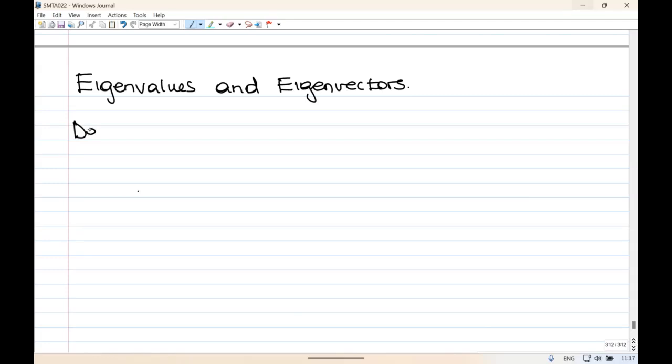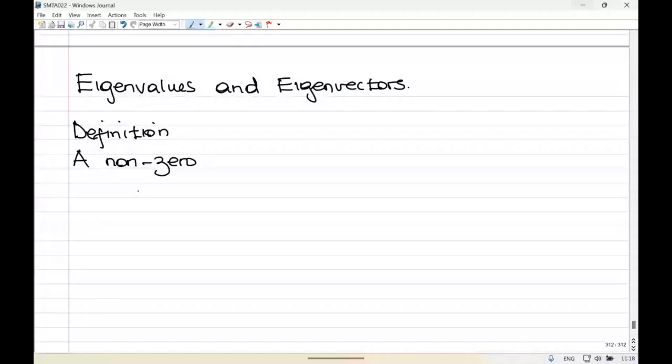Our definition for eigenvalue and eigenvectors is as follows, colleagues. Let's say you have a non-zero vector.